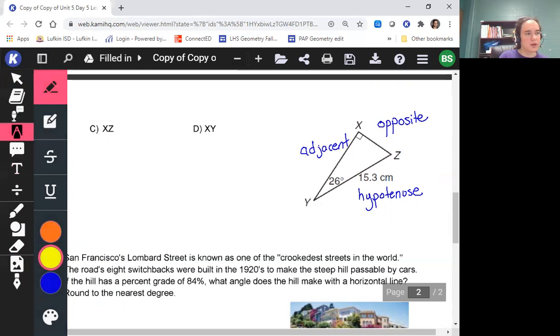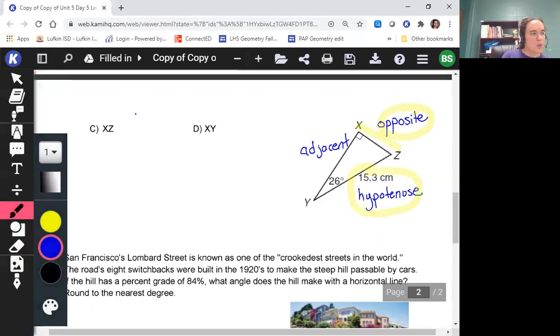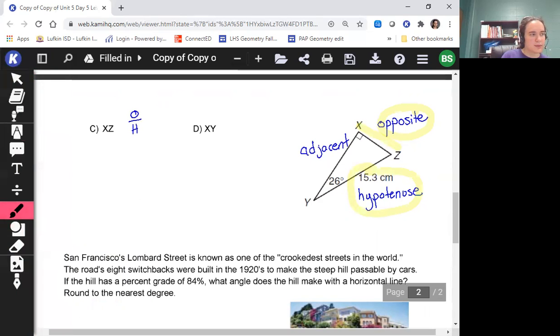Our first one here, we're looking for XZ. XZ is our opposite, so we need our opposite and the side that we have information about, which is our hypotenuse. So opposite over hypotenuse. What trigonometric ratio is opposite over hypotenuse? It is sine.